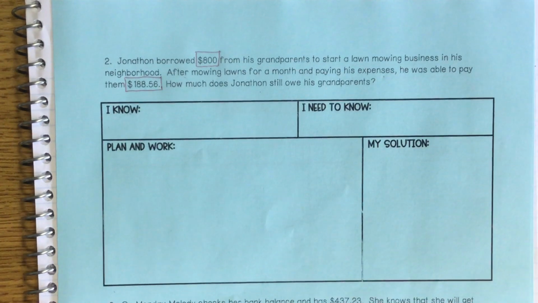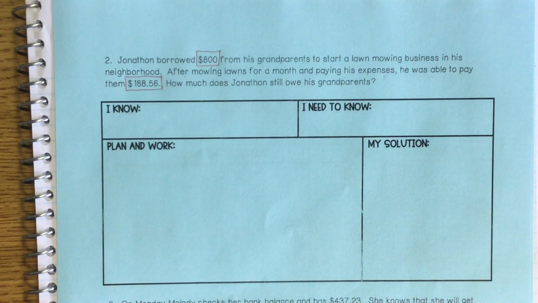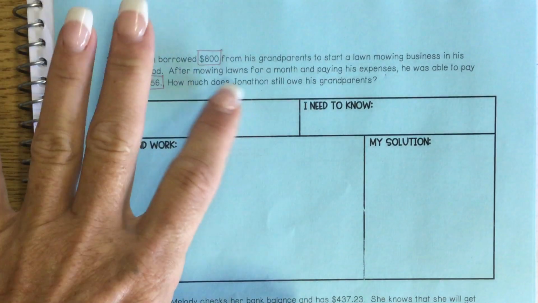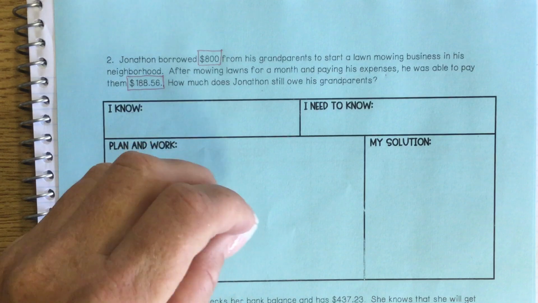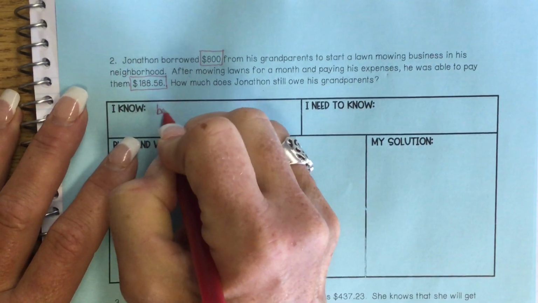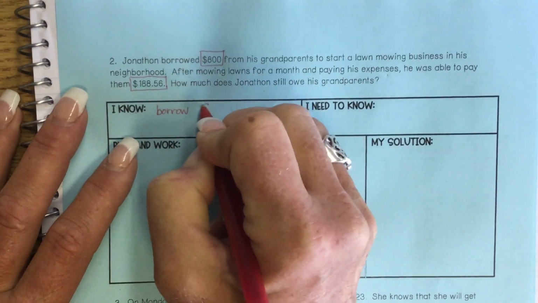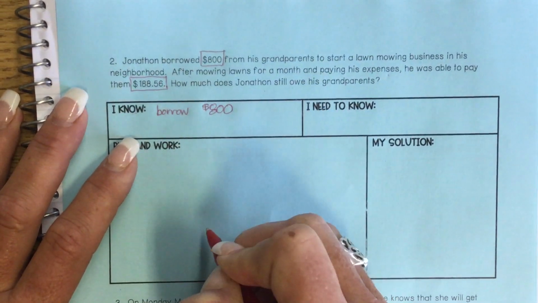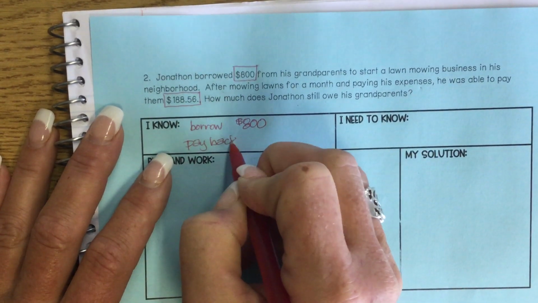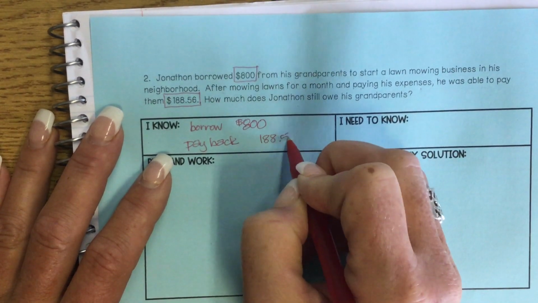Okay, so we can do this one of two ways. I can create the -800, but we know all we're looking for is a value. So we know that you borrow $800, and you paid back $188.56.